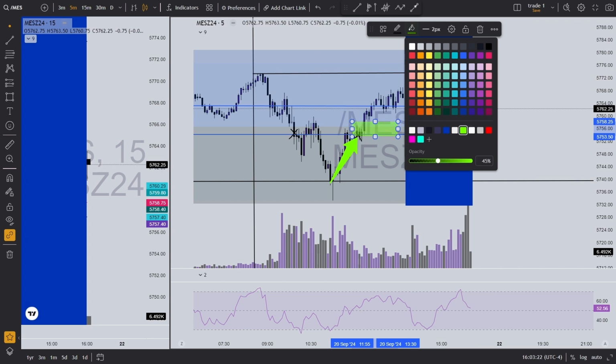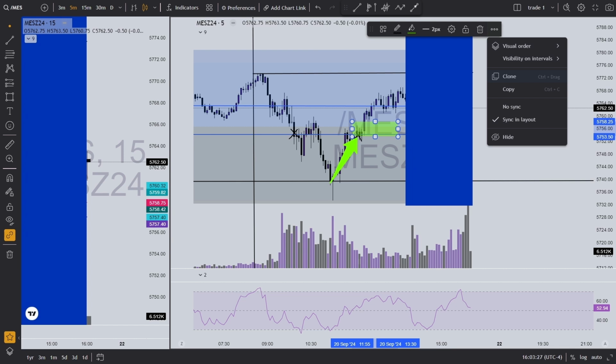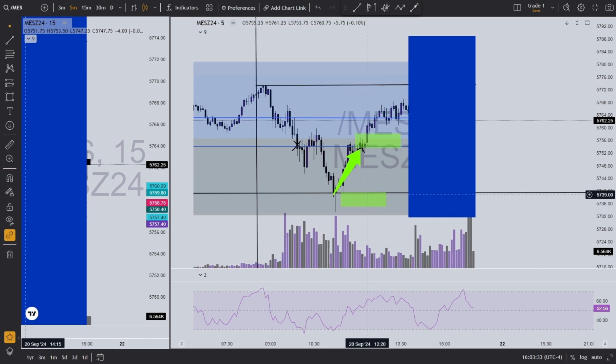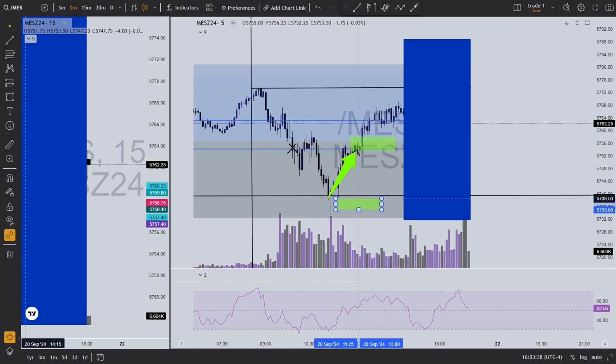And then say you were placing your stop loss down here because you see a strong push up to the upside right below your lower extremity.